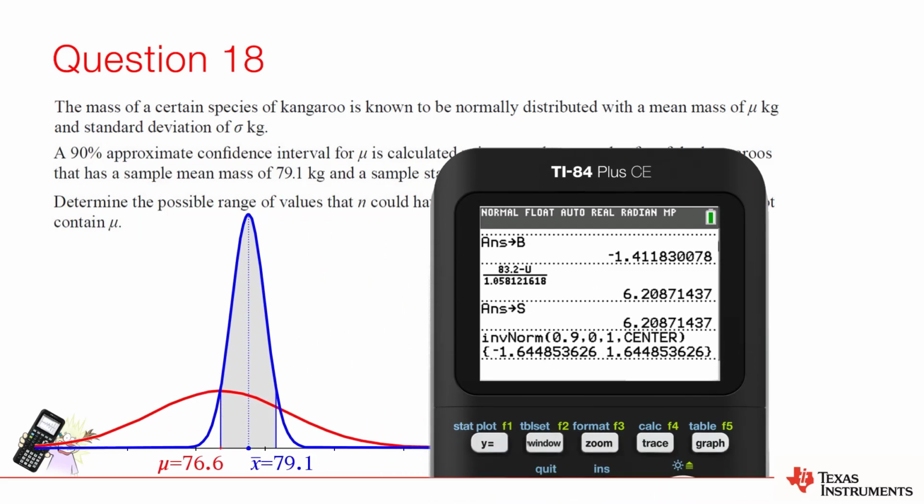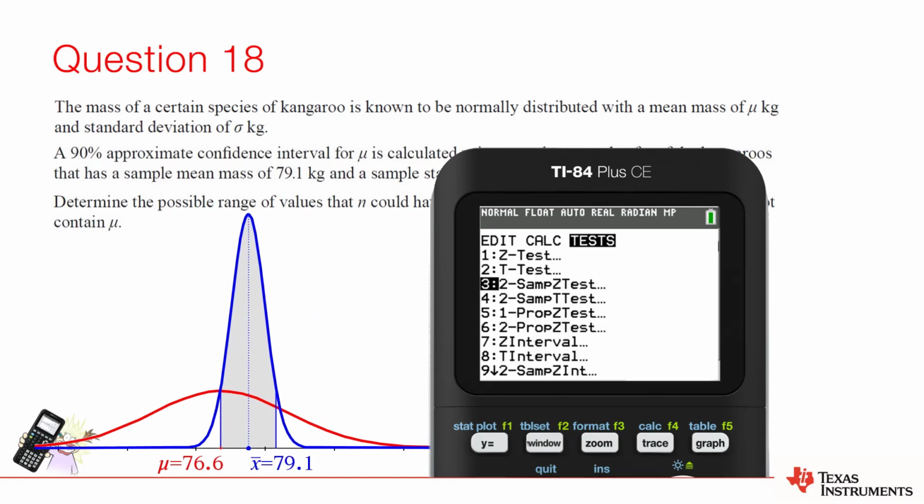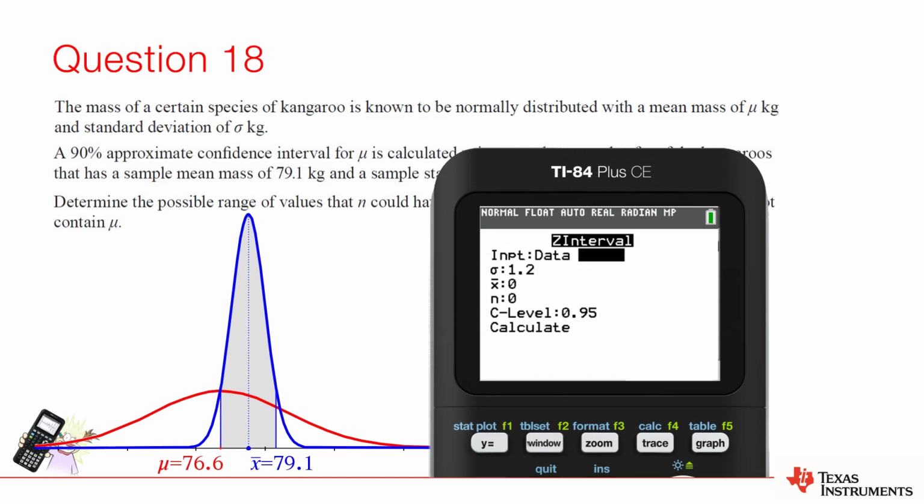We can use the Z interval on the calculator. We know the statistics, and sigma equals 6.2, and the sample mean is 79.1, so let's try a sample size of 17 and a confidence interval of 90%.